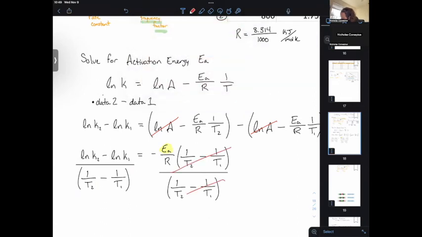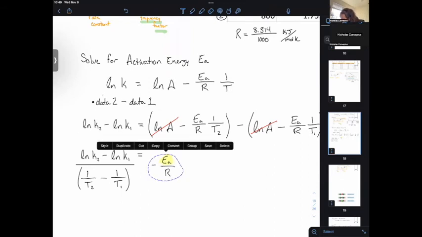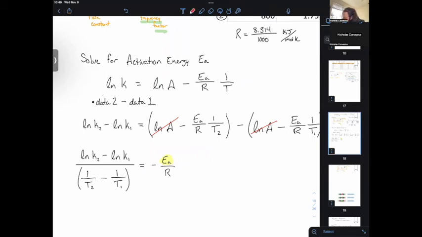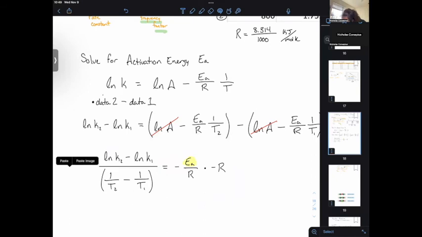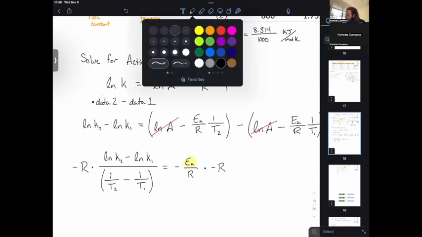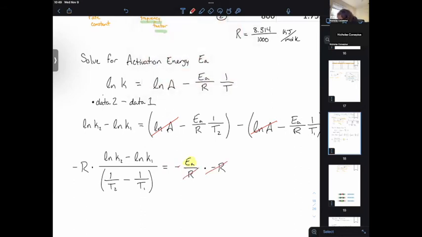That's why I divided by it. Okay, so this is what I'm left with at this point. If I want EA all by itself, I'm going to multiply both sides by that negative R. And that will cancel everything out on my right-hand side. And so I'm left with that activation energy.